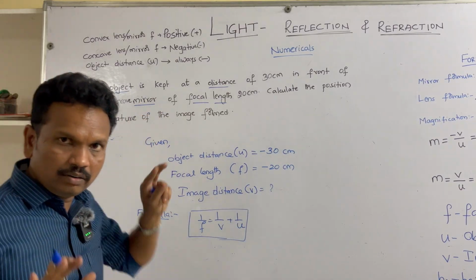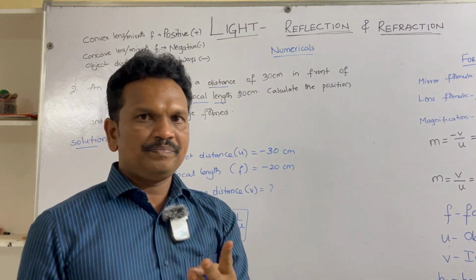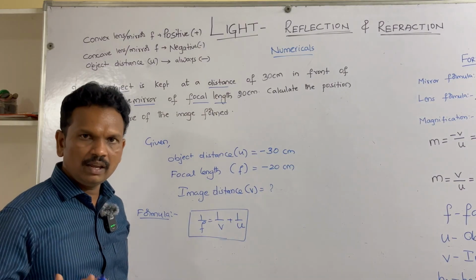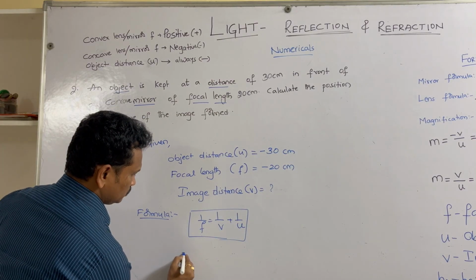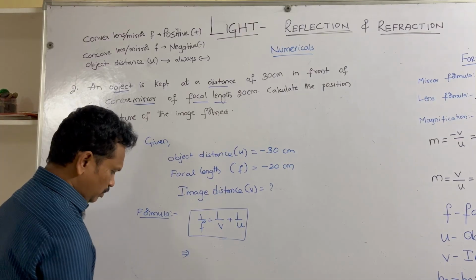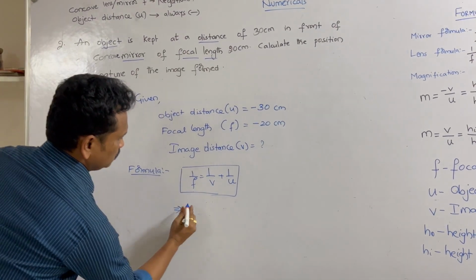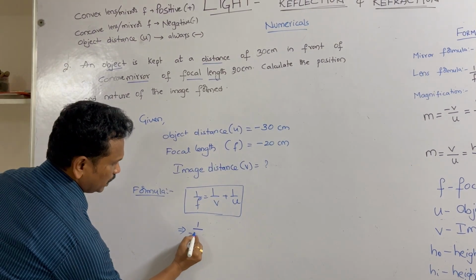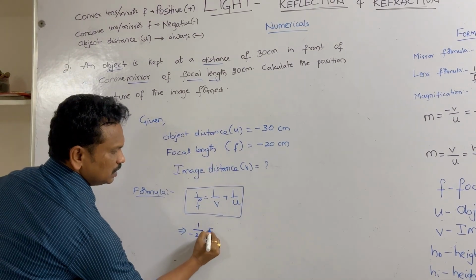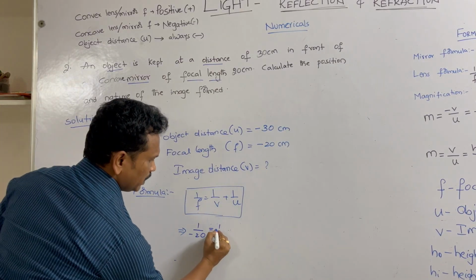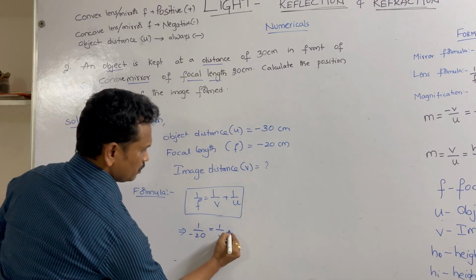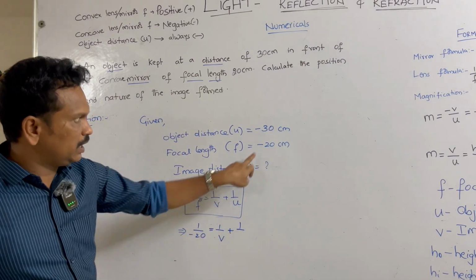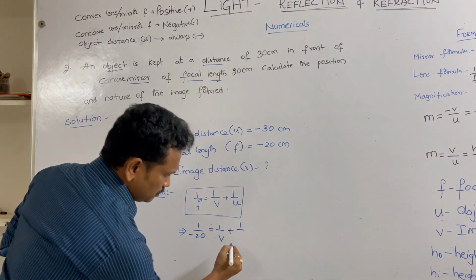It is a concave mirror. Mirror formula: 1 by f is equal to 1 by v plus 1 by u. Now substitute. 1 by f, f value minus 20, is equal to 1 by v plus 1 by u, u value minus 30.